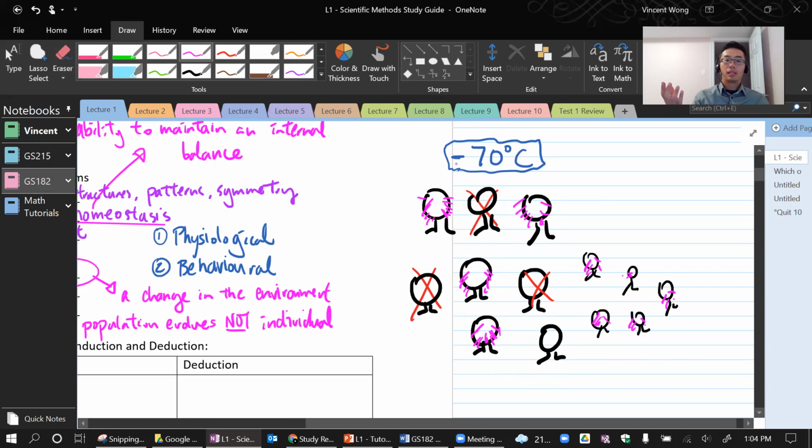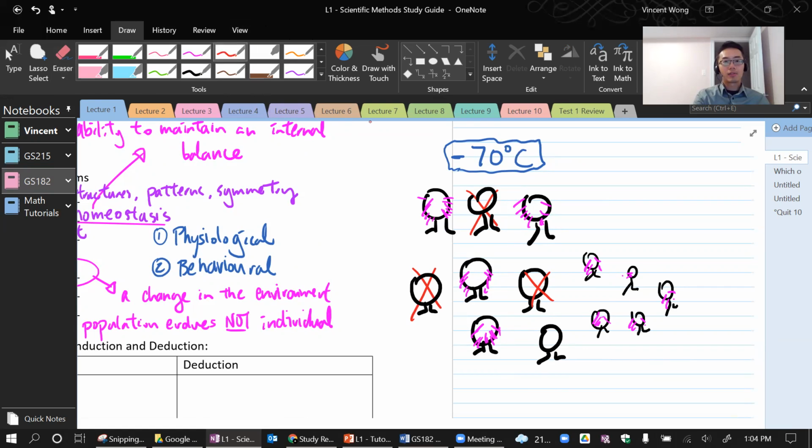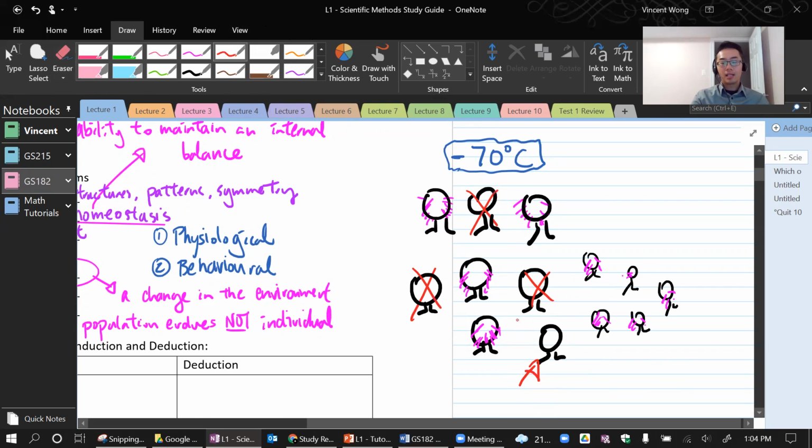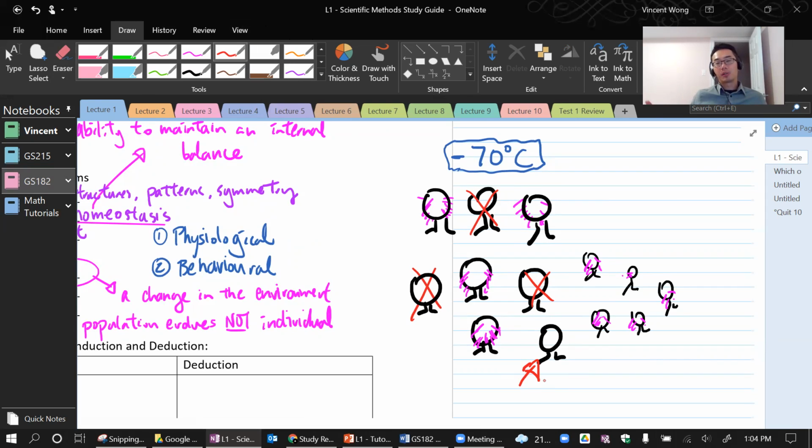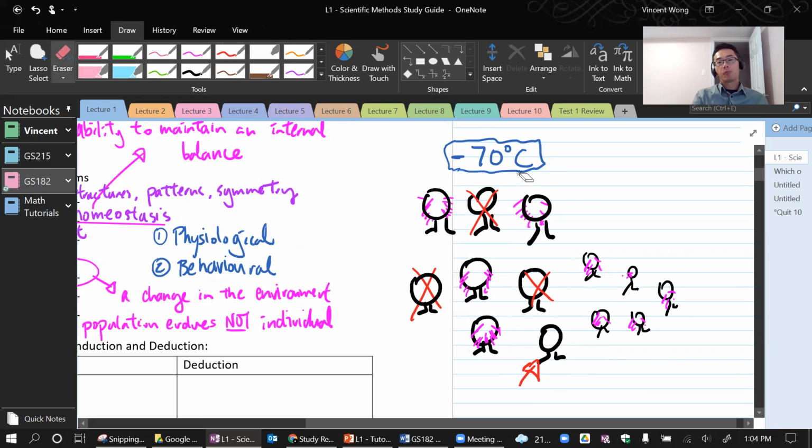Now, individuals do not evolve, meaning this little fellow right here, if it's very cold, it's not possible for this particular one to all of a sudden grow fur and be adapted to the environment. It's the whole population that's going to change.